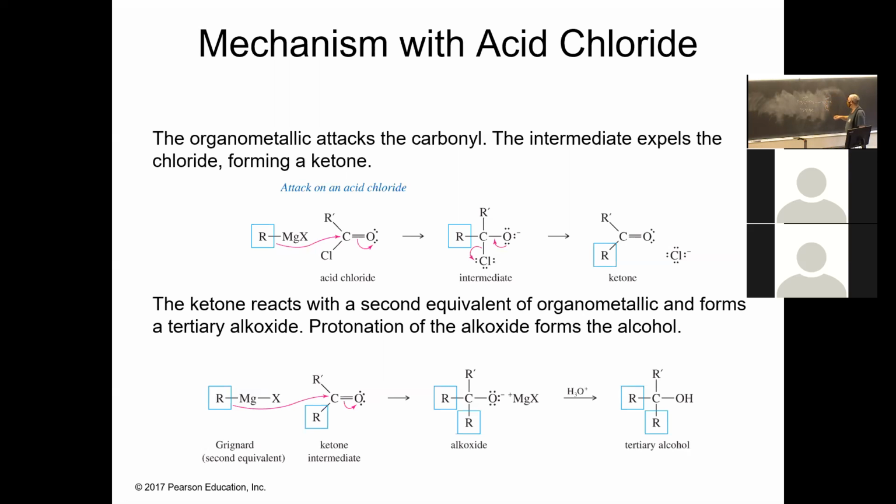So we form this new carbon-carbon bond. Then what happens is that oxygen pushes down and it pushes out OCH3 minus. Now we've got a ketone, and the ketone can react with the second equivalent.